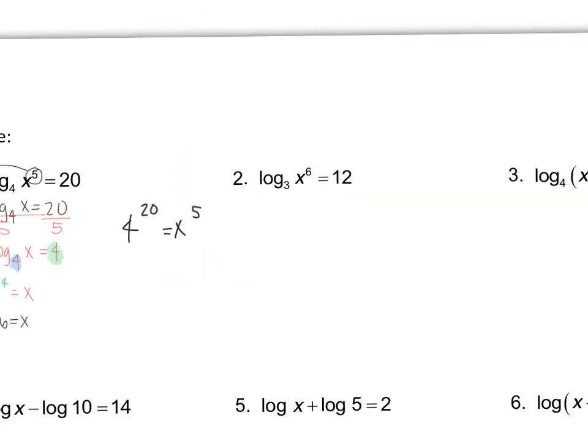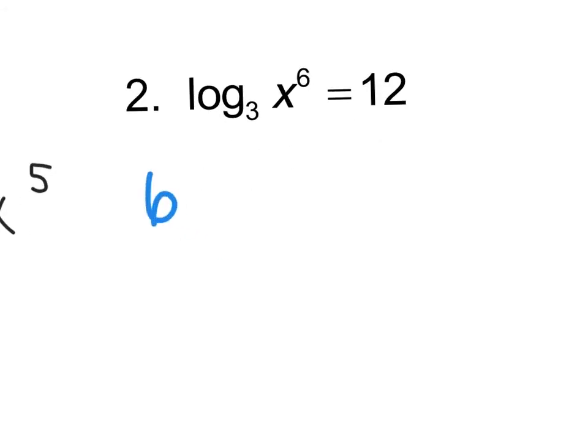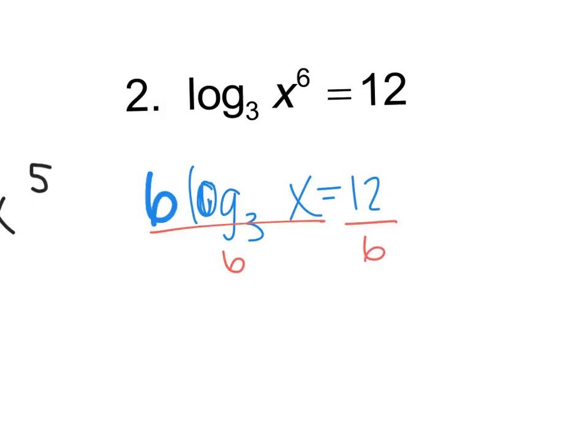Okay, it's problem 2. The log base 3 of x to the 6th equals 12. What do we do? Okay, so this becomes 6 times the log base 3 of x equals 12. And then what do I do to solve that? Divide by 6. And I get the log base 3 of x equals 2.